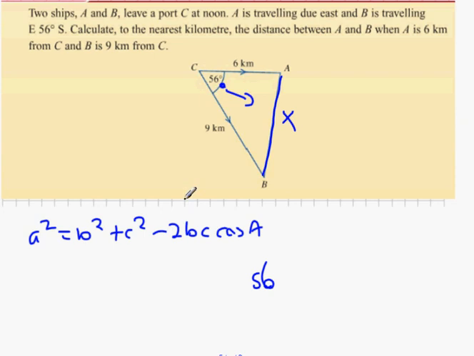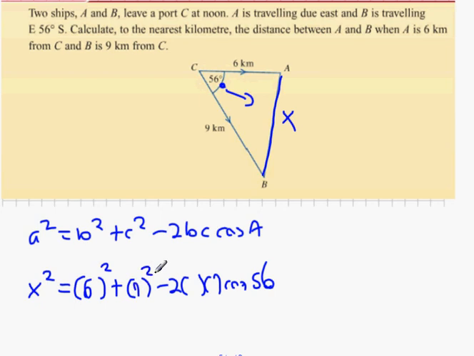What is 56 looking at? Oh, X. So X is small a. Now, what about the other 2 sides? B is 6 and then C is 9. Yeah. Then 6 times 9, all into the calculator. What do we get, Kim?